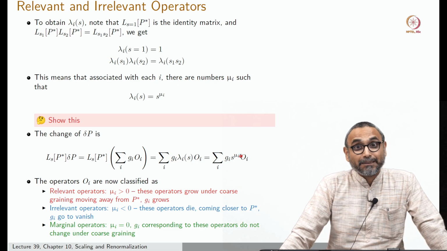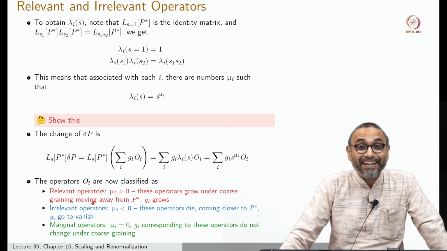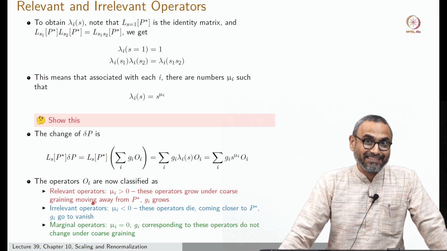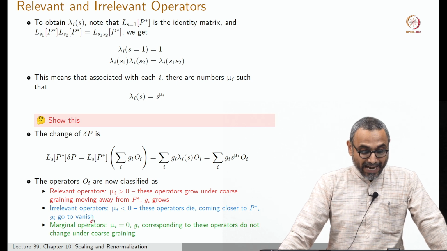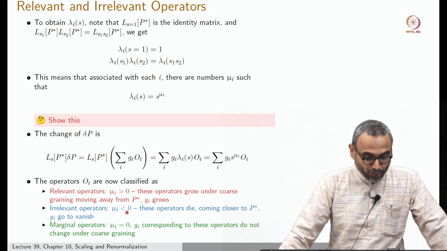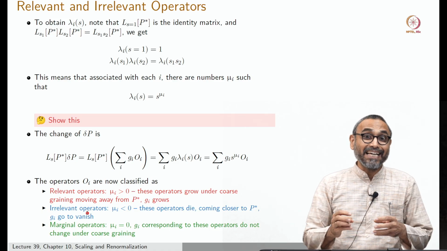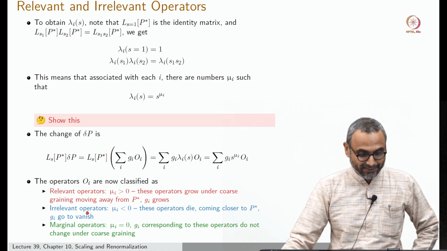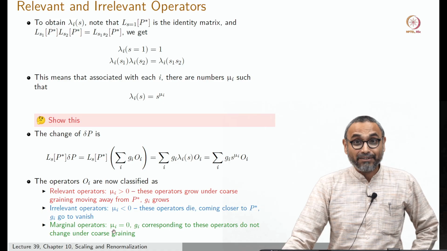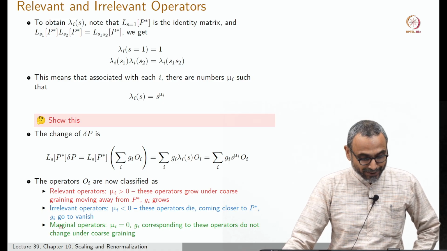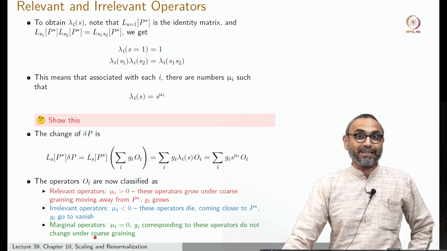So if mu I is positive, I have what are called relevant operators. If mu I is less than 0, I have what are called irrelevant operators. And if mu I is equal to 0, they are called marginal operators.